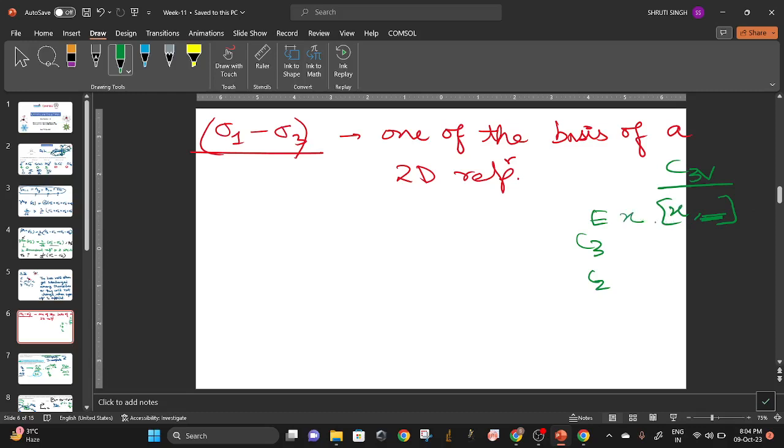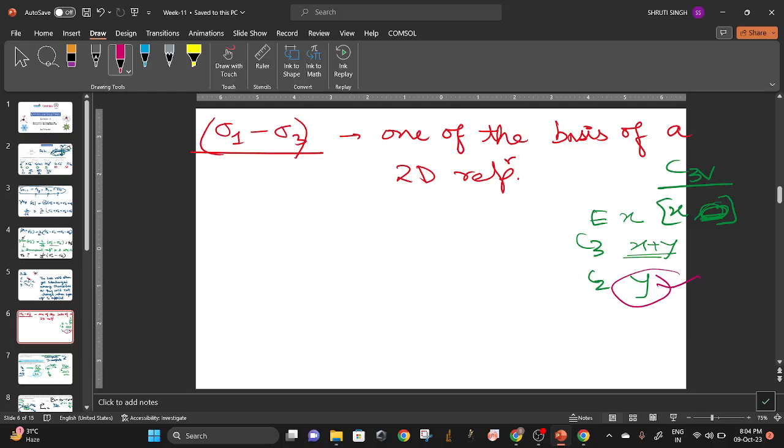Under E it will remain x, under C2 it will have some combination of x and y, under C3 it will have some combination of x and y. So we will get an idea that the second element in the basis set should be y, because x is getting changed to y. Similarly, in this case also, we have only one element of the basis, which is sigma 1 minus sigma 3. We have to find what is the other element.